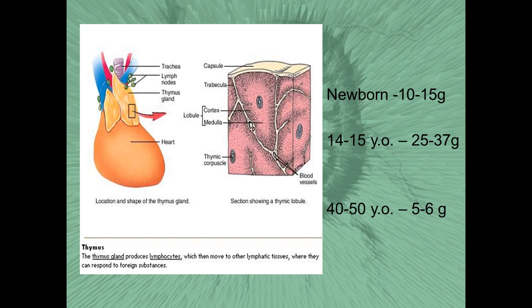And then, till the age of 40 to 50 years old, the thymus gradually undergoes degeneration, and its weight will get to just 5 to 6 grams. But it's very important, it continues functioning.